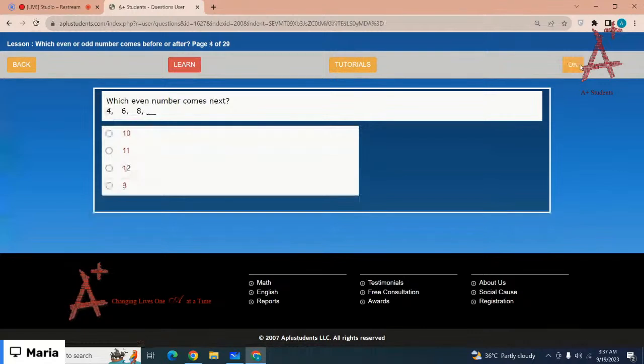Which even number comes next? So which is the next even number after 8? Yes, that would be 10. So the correct option is 10.